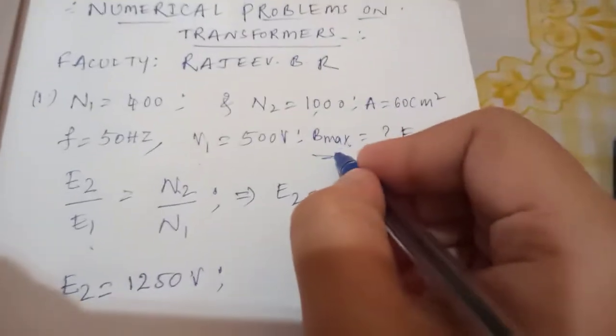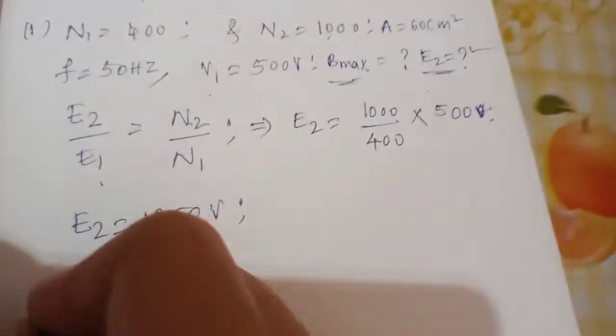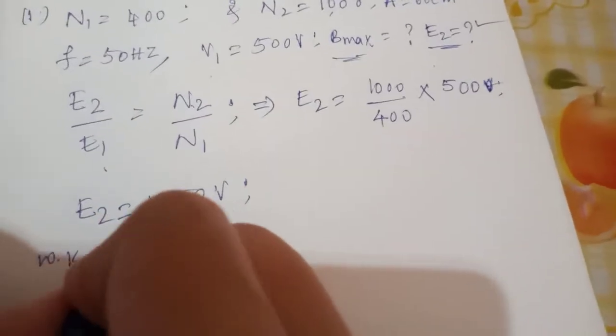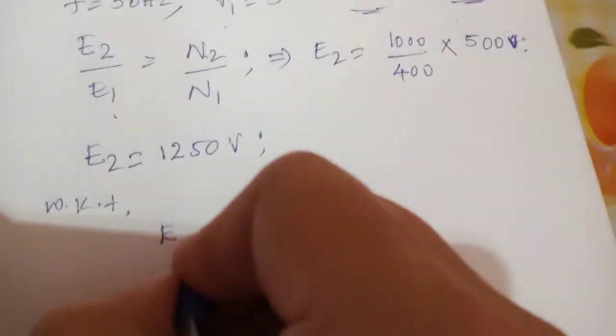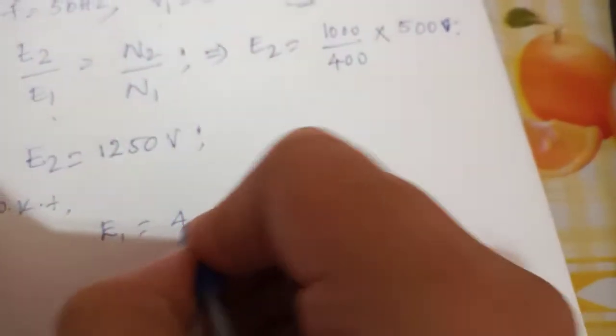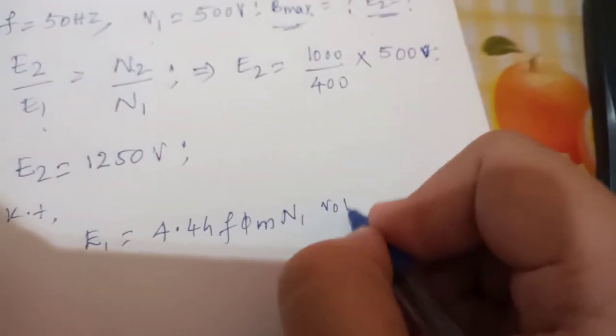Now what you have to calculate is B max. For this, we know the EMF equation of a transformer: E1 is equal to 4.44 into F into phi m into N1 volts.